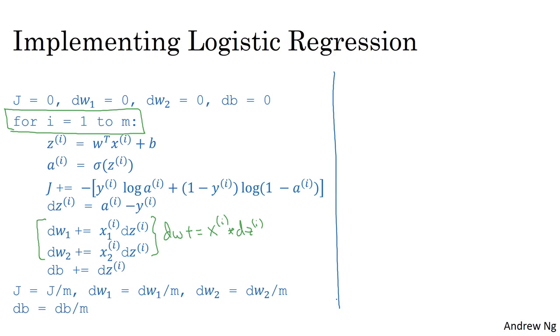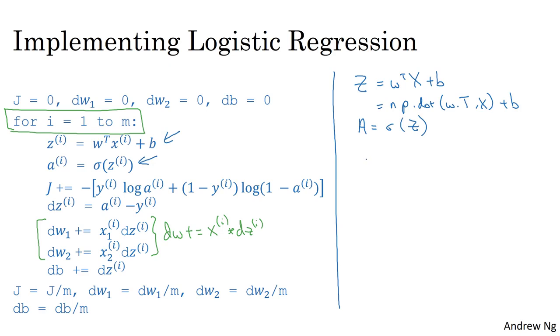So using what we had from the previous slides, you would say capital Z is equal to W transpose X plus b, and the code you write is capital Z equals np.dot(W transpose, X) plus b, and then A equals sigmoid of capital Z. So you've now computed all of this for all the values of i.